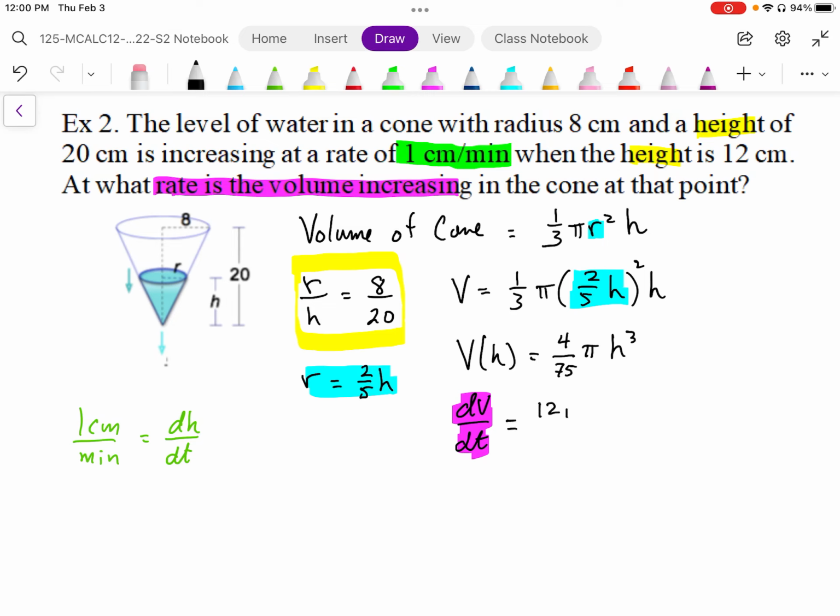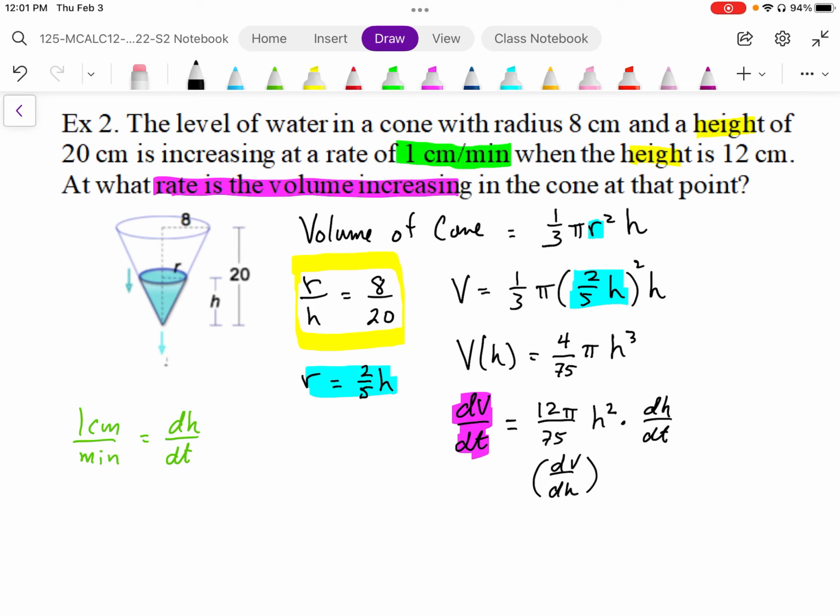Differentiating this, I'm going to end up with 12 pi over 75 h squared. Okay, multiply by using the power rule, times 3, and then reduce the power by 1. But because I differentiate, this is dV by dh. I still need to apply the chain rule, so dh by dt.